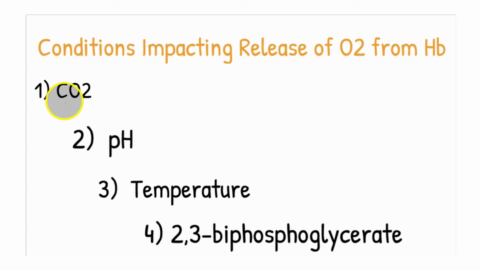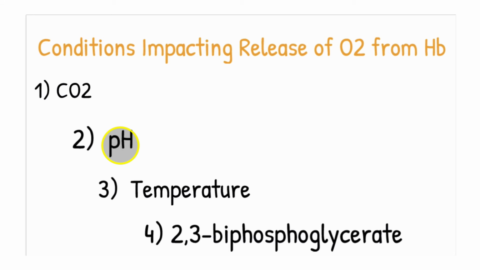And hopefully that makes sense, because if there is an increase in CO2 at the tissues, that must mean those tissues are metabolically active and they consumed oxygen to make that CO2, really to make ATP. But once again, CO2 is a byproduct of that process.